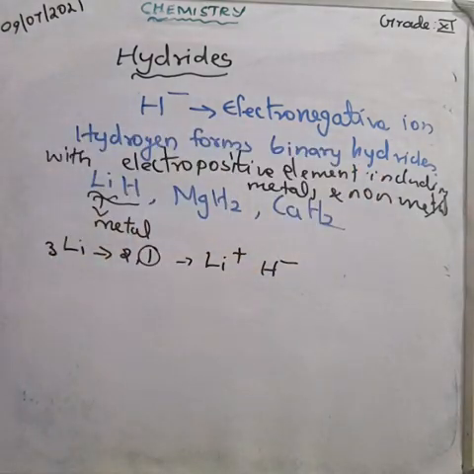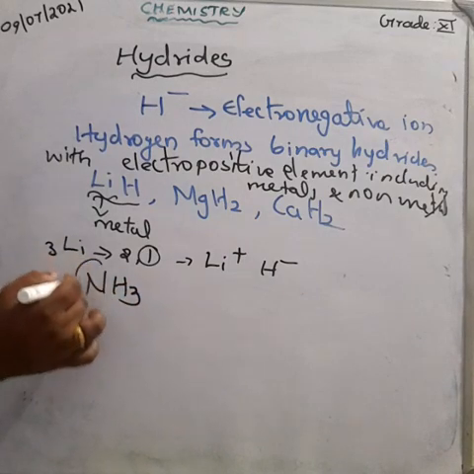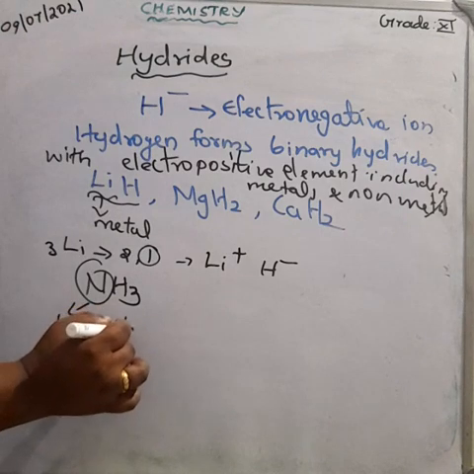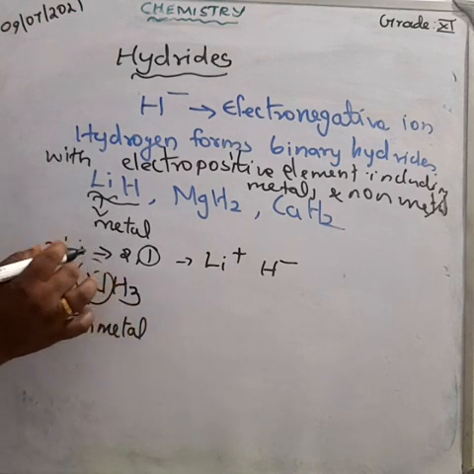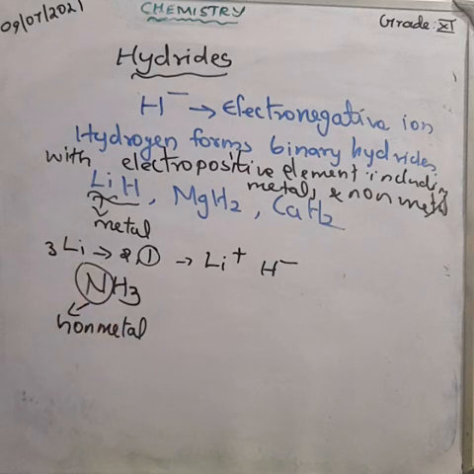Hydrogen forms hydrides with metals, and maybe with non-metals too, for example NH3, the hydride of nitrogen. Nitrogen is a non-metal. And it also forms ternary hydrides.